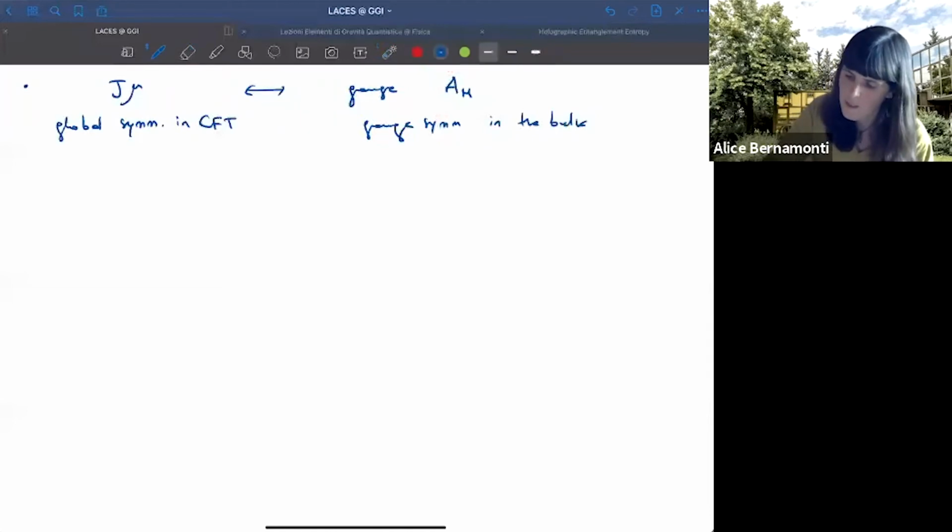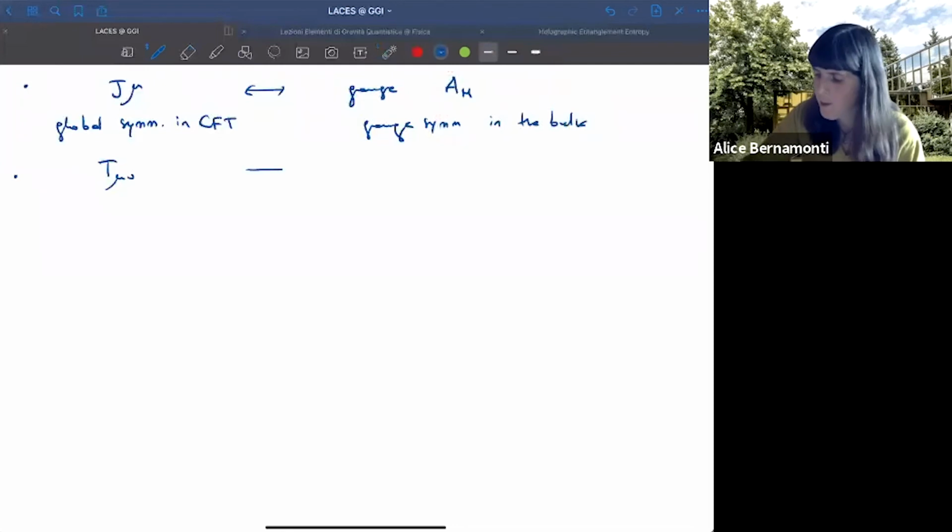And similarly, there are arguments to show also that the energy momentum tensor of the conformal field theory corresponds to perturbations of the metric in the bulk.